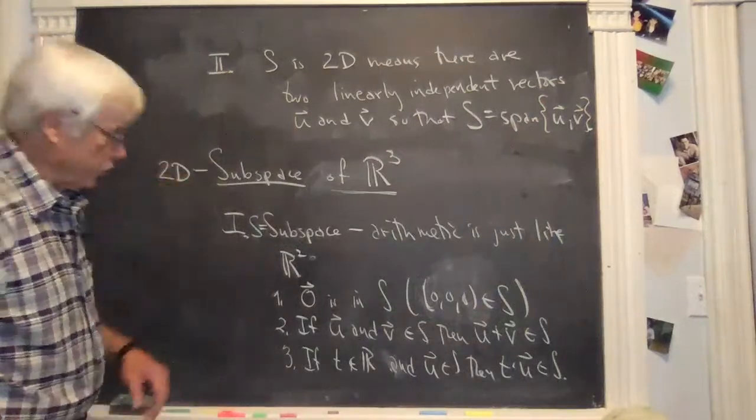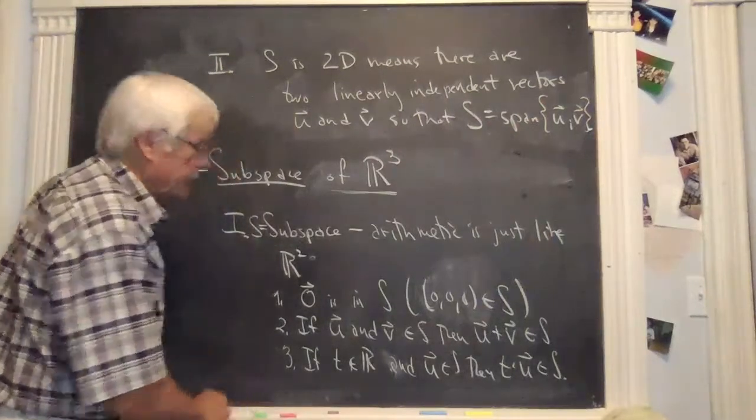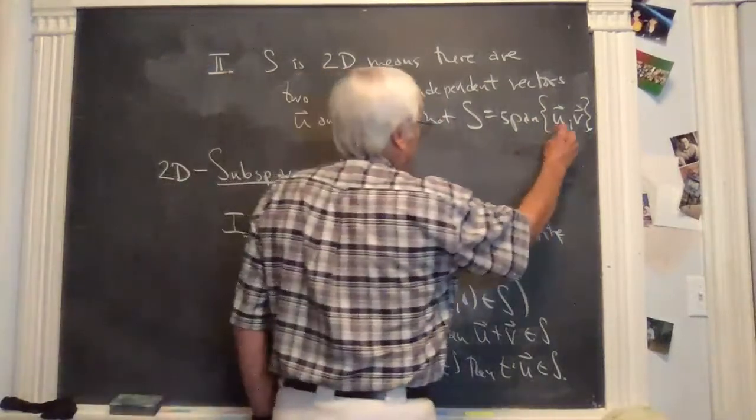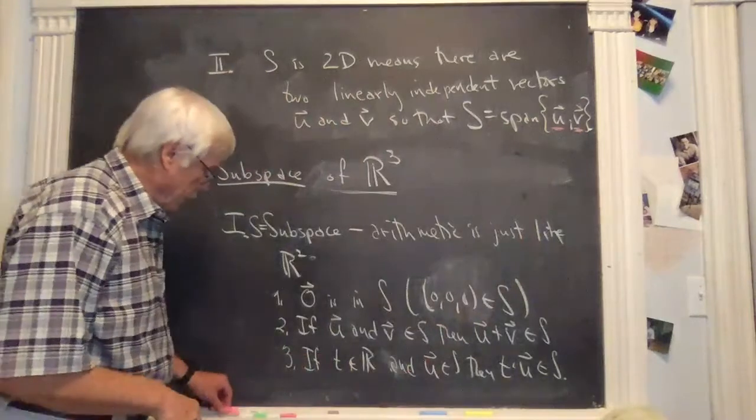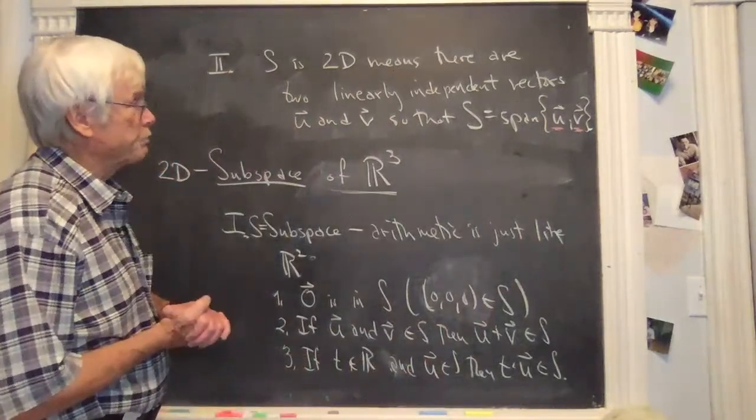So two-dimensional has to do with the fact that there are exactly two linearly independent vectors, so that S is the span of those two.